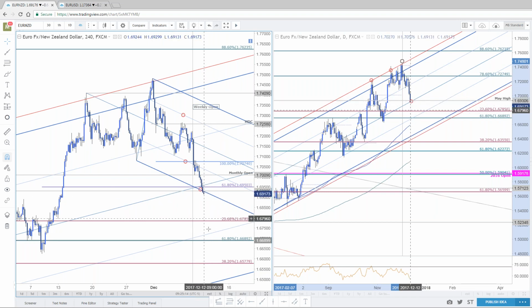Watch this region today. Your stop at 70.25, so right ahead of your 5 pip inside, right? Okay. This is the monthly open from last month.